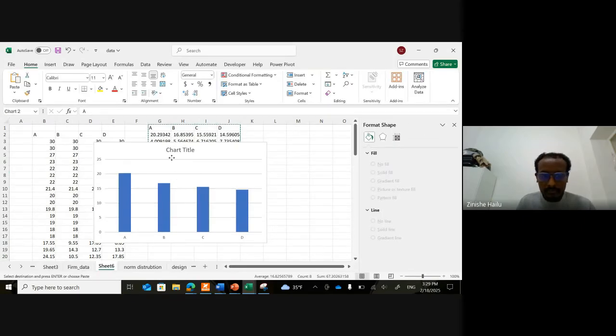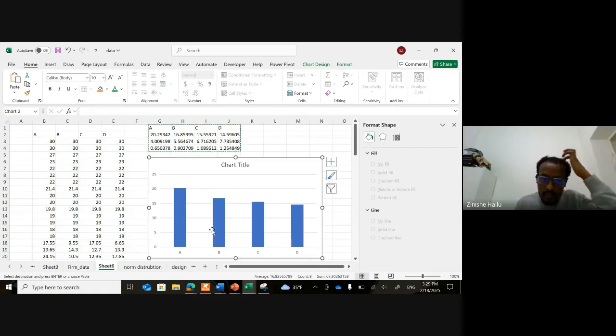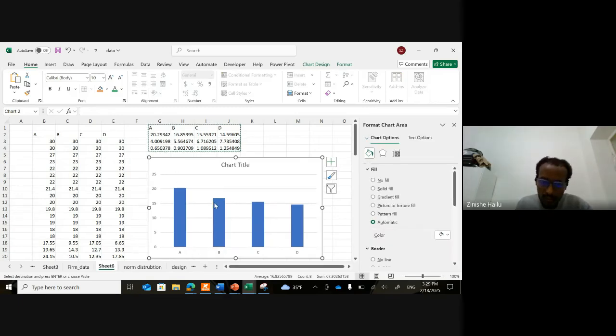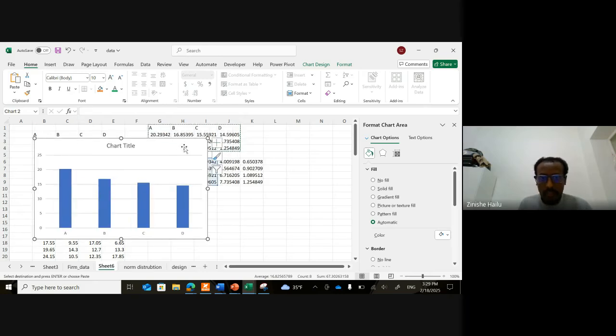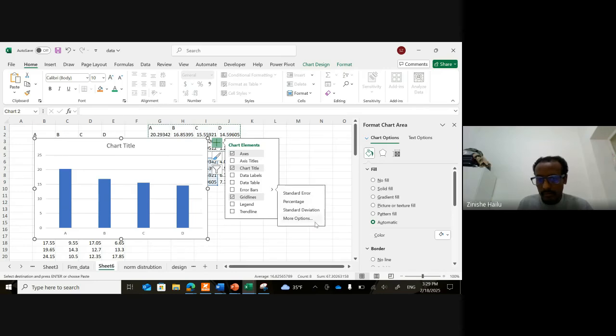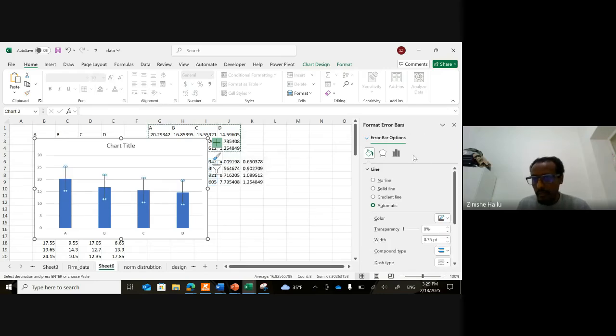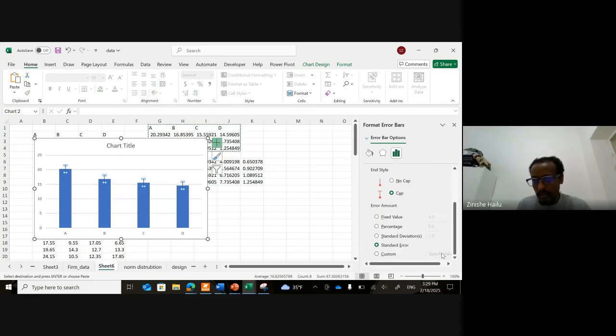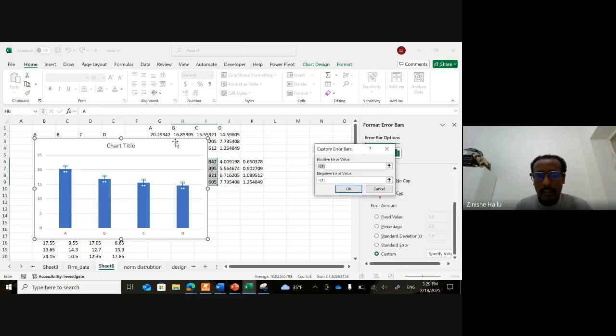You have here the category of A, the category of B, C, D. So similarly, you can do the error bar as the one for standard error, just from the custom. If you want from your actual calculation, you can choose the custom and then specify.